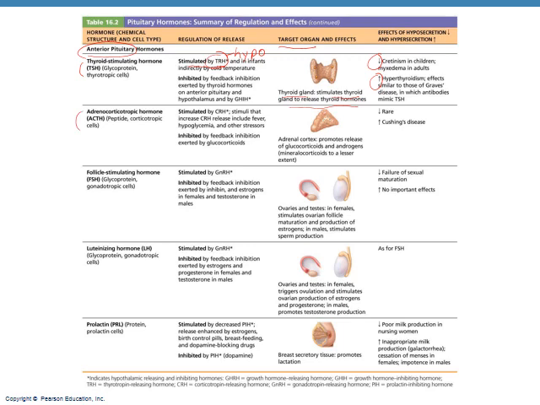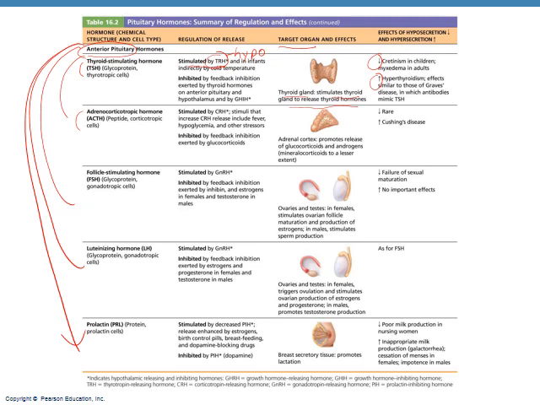Now we have adrenocorticotropic hormone. Again, these are all from the pituitary, right? Adrenocorticotropic hormone stimulated by CRH, corticotropic releasing hormone, again from the hypothalamus. Are we kind of seeing that anything that says releasing hormone probably came from the hypothalamus? Okay, so adrenocorticotropic hormone is stimulated by CRH released from the hypothalamus.